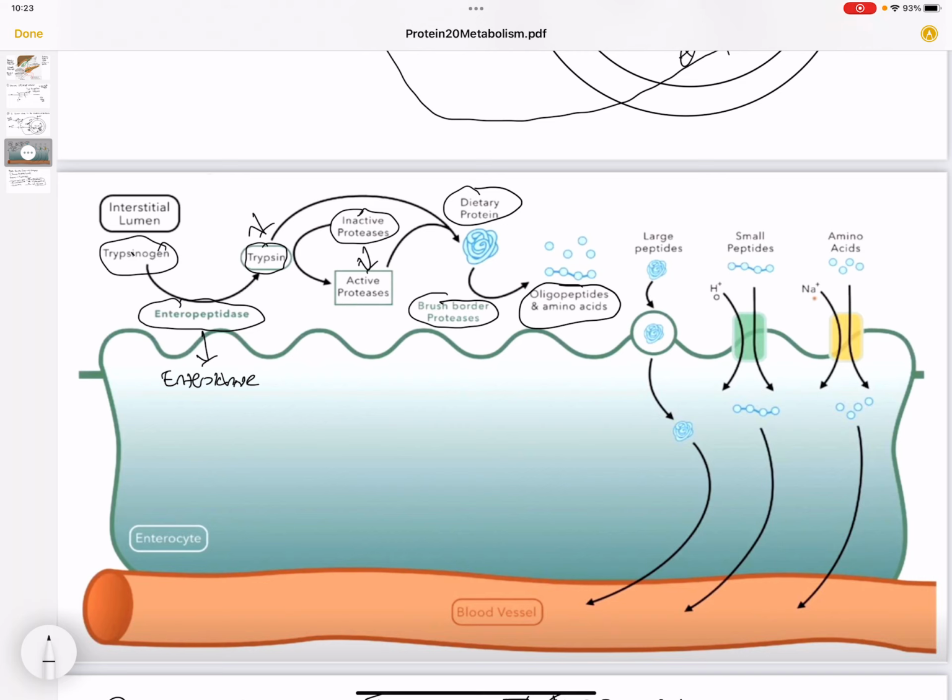Now, we have large peptides, small peptides, and amino acids from the conversion of the dietary protein with the help of active proteases and brush border proteases. We're going to have these smaller components, and they get to the enterocyte in different ways. Starting with the amino acids, they utilize the concentration gradient of sodium to bring themselves into the enterocyte.